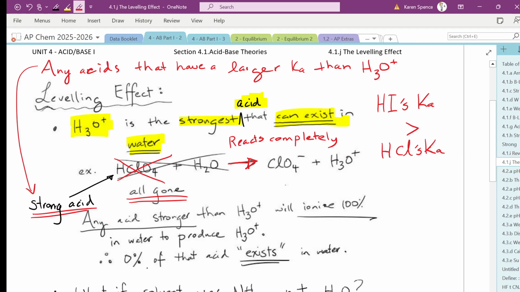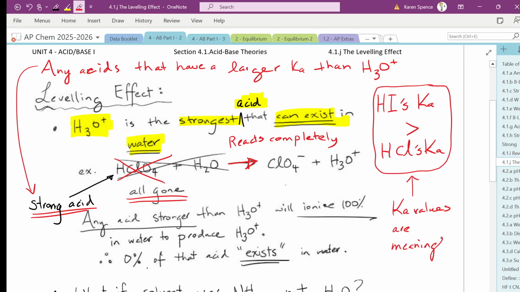However, if water is the solvent, is there any difference in how much they dissociate? No. So their Ka values are meaningless in water, okay? They are just very large.